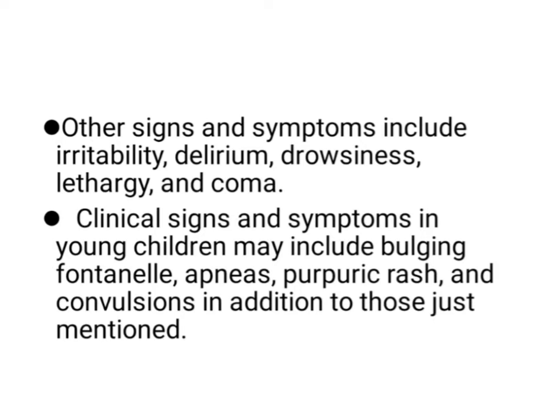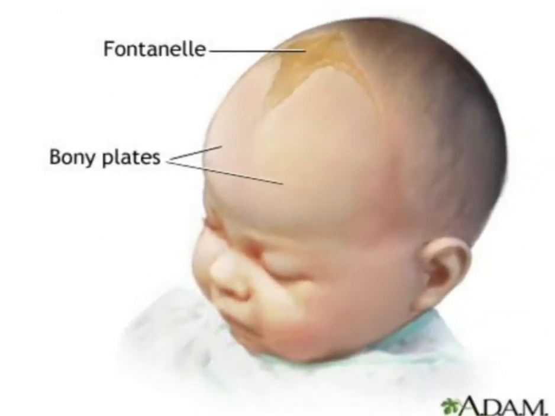Bulging fontanelle is nothing but bulging of the fontanelle. The fontanelle is an anatomical feature of the infant human skull, which comprises any of the membranous gaps between the cranial bones of an infant.